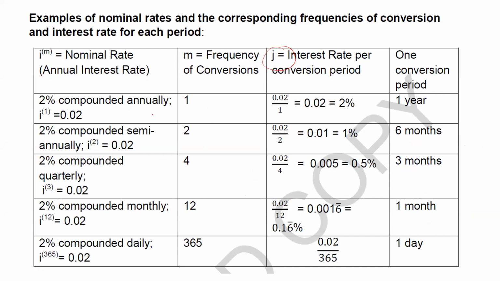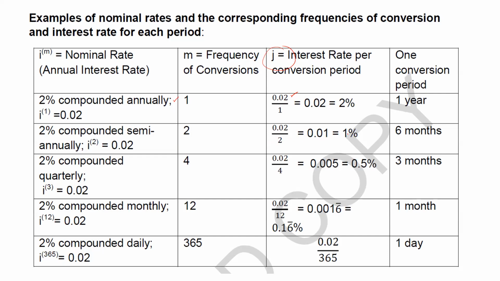Now, 2% compounded annually. This is the rate per annum. When we say per annum, that is per year. Annually is 1, so your j there is 0.02 divided by 1, the same, 0.02 or 2%. Semi-annually, that is twice a year, so divided by 2, that is 0.01.